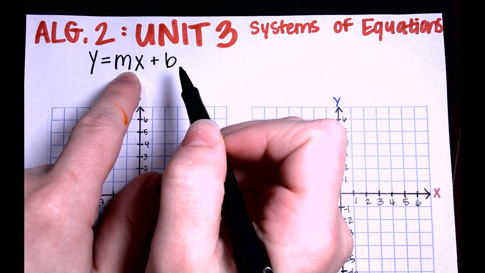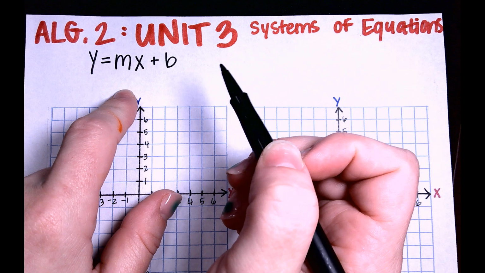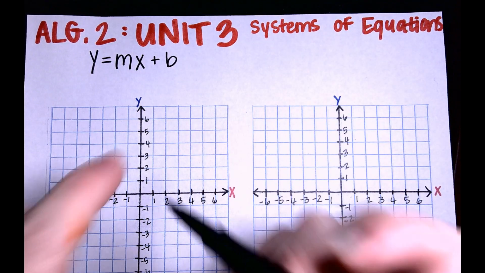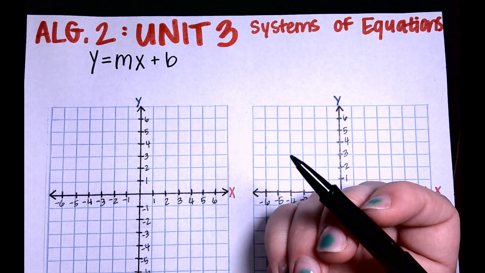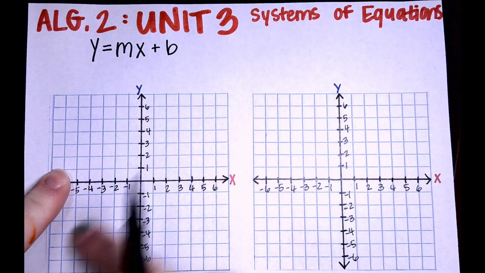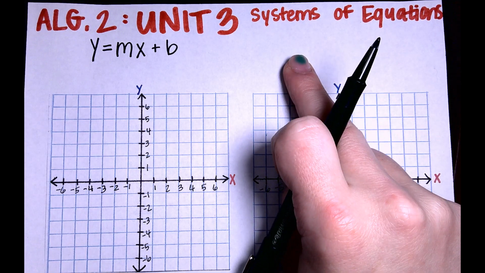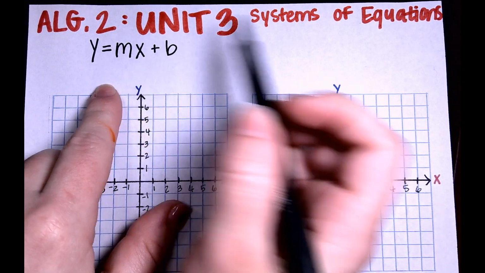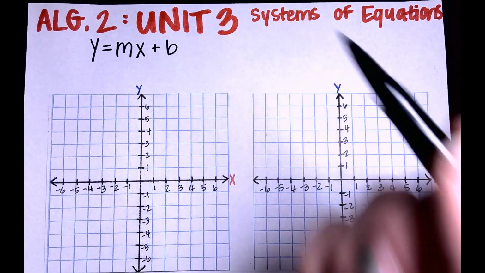This is the slope-intercept form of a linear equation. So a linear equation is an equation that when we put it on a graph, it makes a line. Linear, it means it looks like a line. So this is the form that we normally see these equations in.